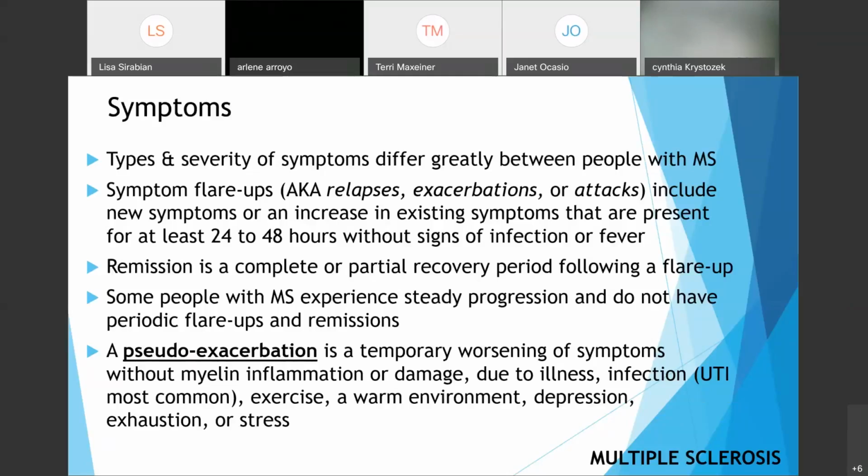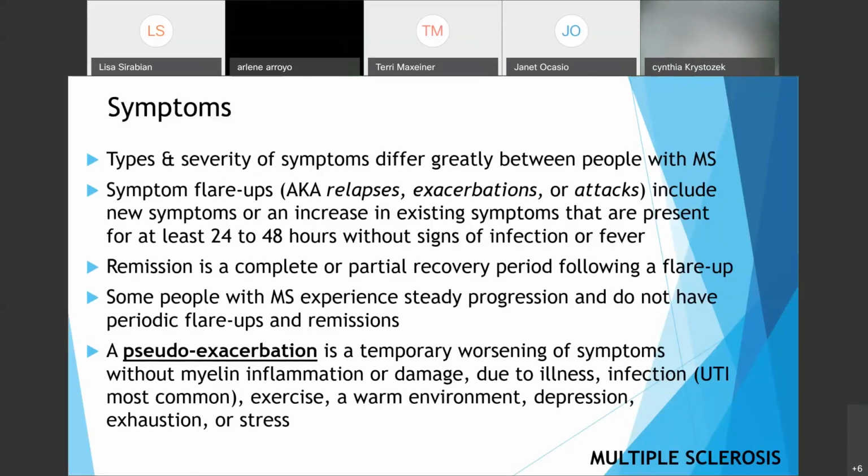So this might include new symptoms, symptoms the person has not had before, or an increase in existing symptoms. And then they make this distinction that these symptoms are present for at least 24 to 48 hours without signs of infection or fever. And I'm going to show you why we have to have that in there as part of that definition when we talk about pseudo-exacerbation in just a moment.